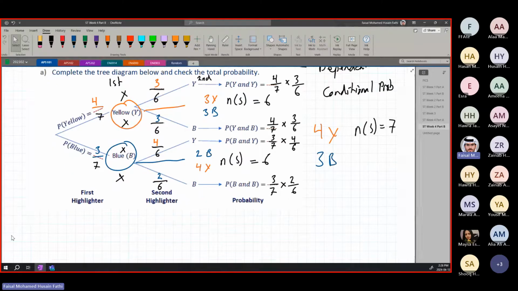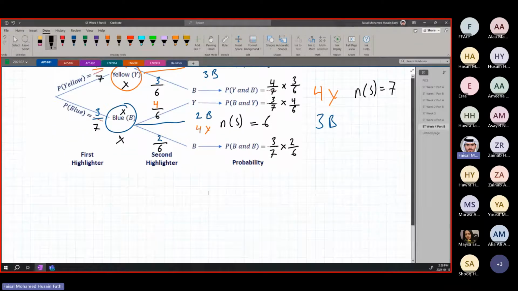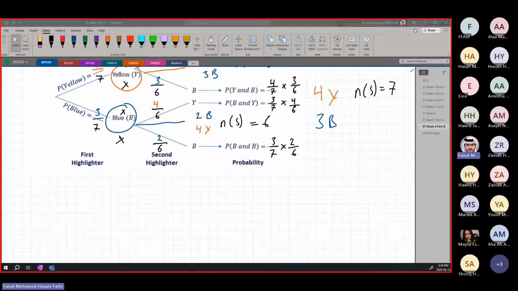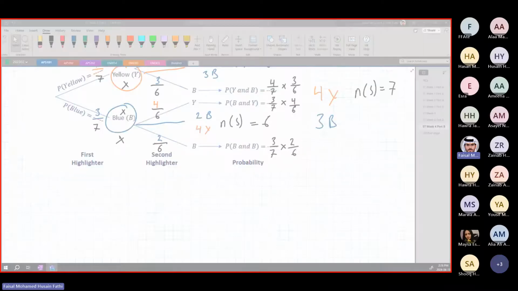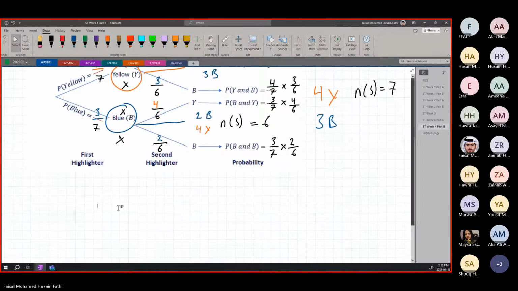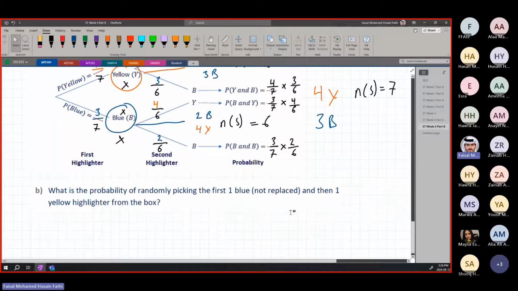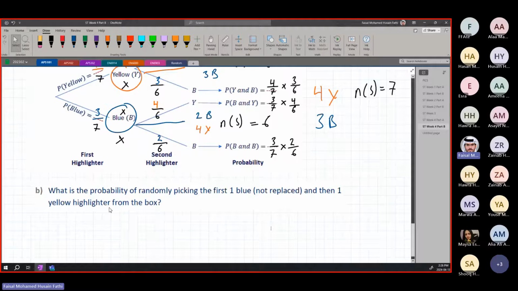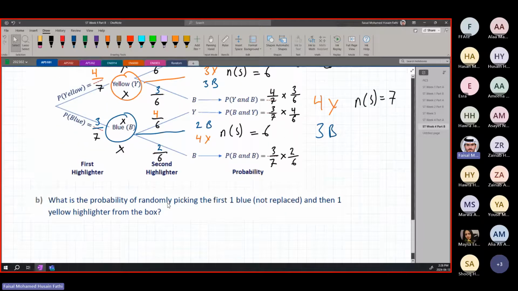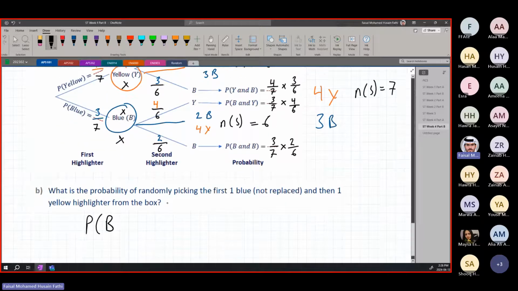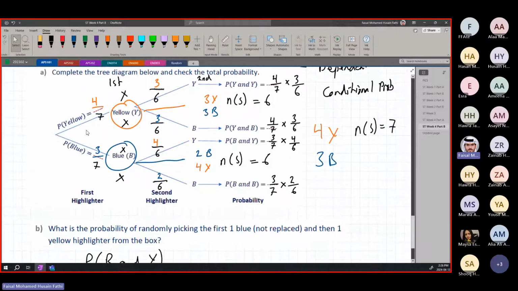For example, here, one of the questions says, just to get an idea how a question might come, what is the probability of randomly picking the first blue and then one yellow highlighter? So basically, we are looking for P of blue and yellow. Where is B and Y? It's this one.